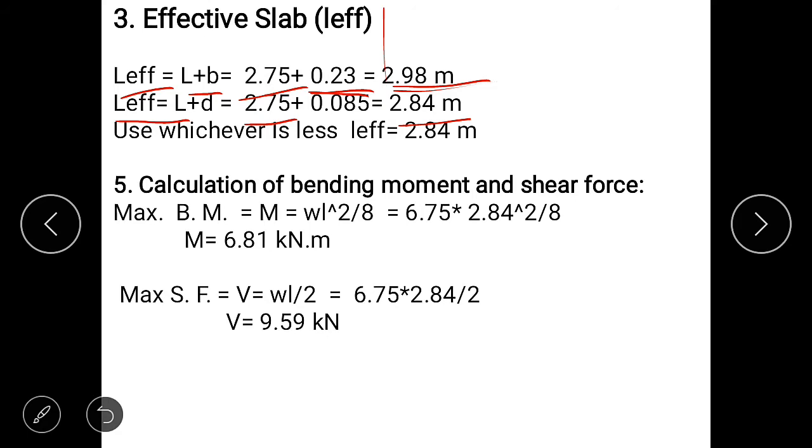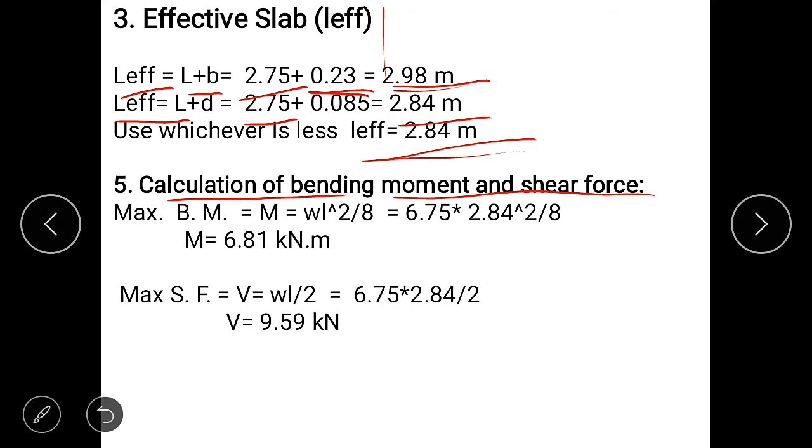Which is less? 2.84 is less. So we take the effective length of slab as 2.84 meter. Whichever is less we have to take. Now fourth step, we have to calculate bending moment and shear force.